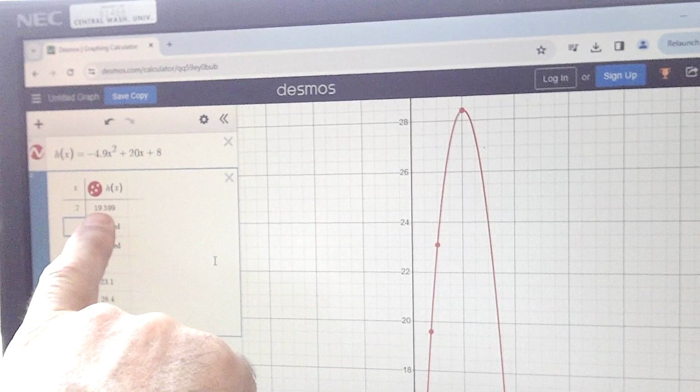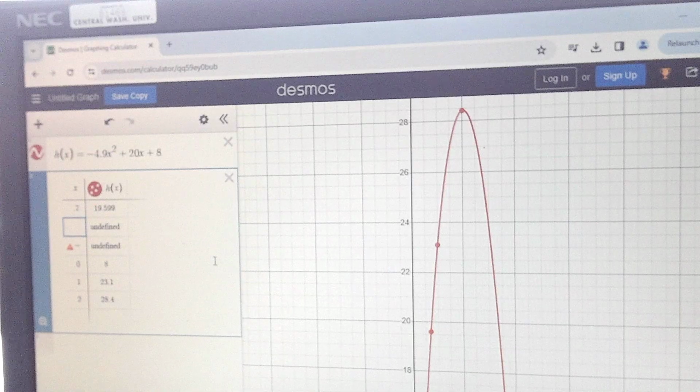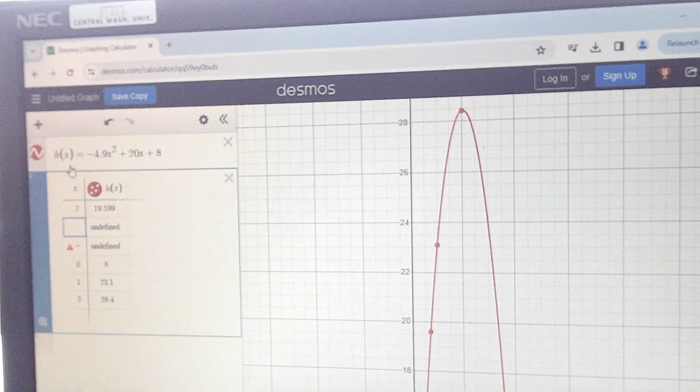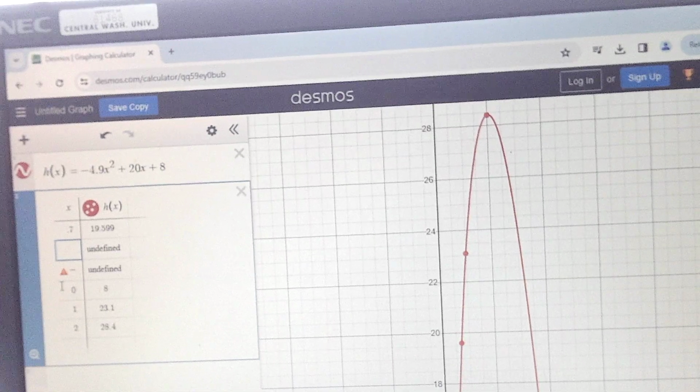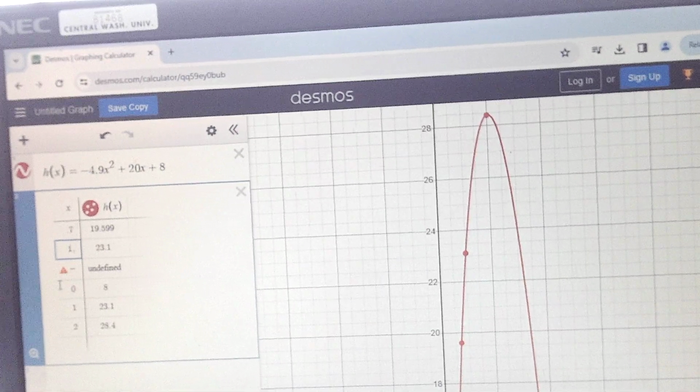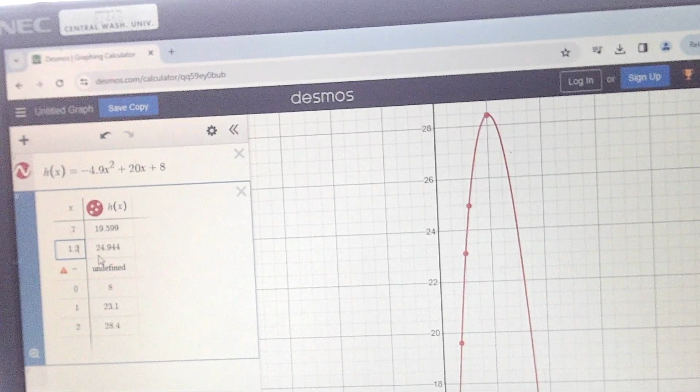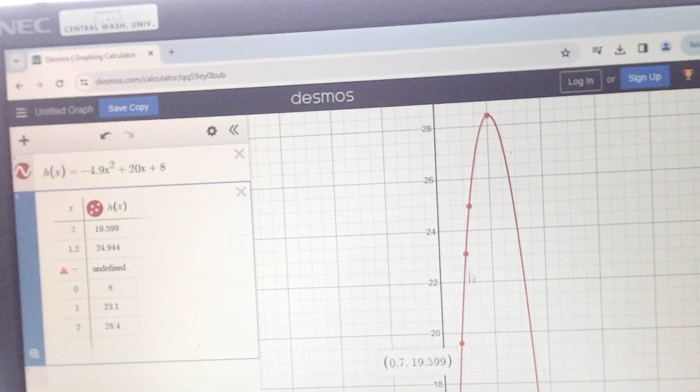And it tells me 15.99 or 19.599. And if I wanted to know at 1.2, it'll tell me 24.944. And it puts dots at those places. There's the 0.7, and here's the 1.2.